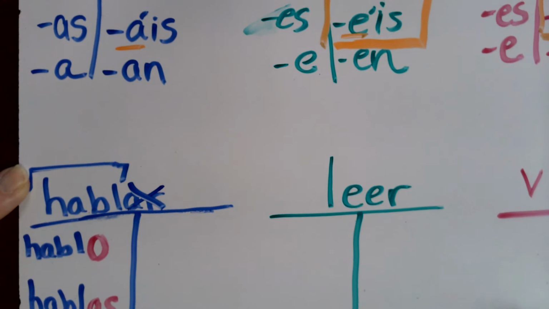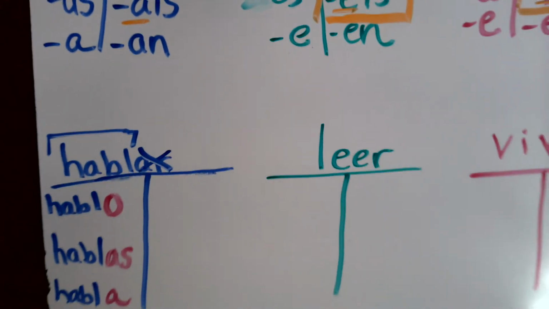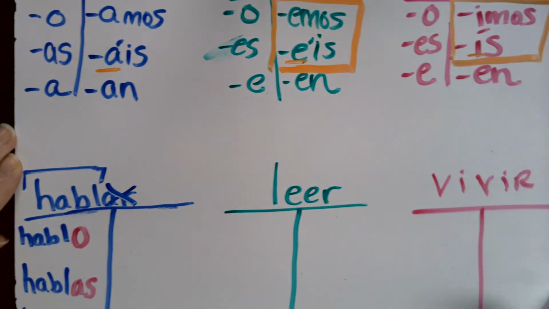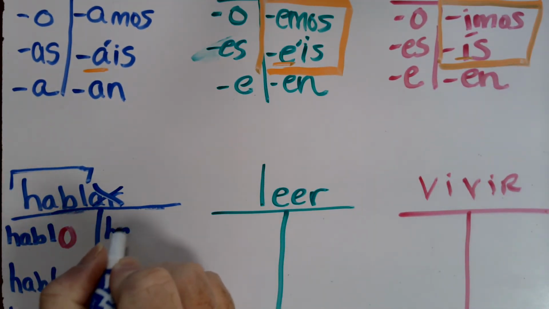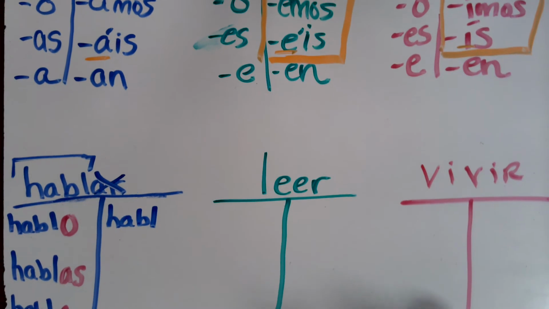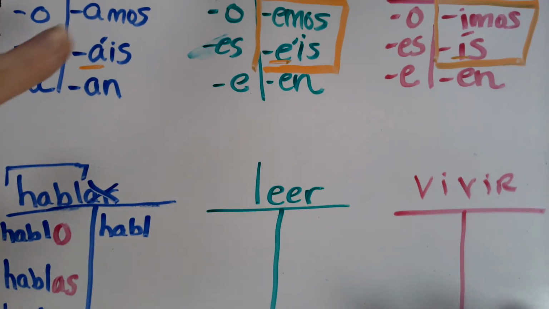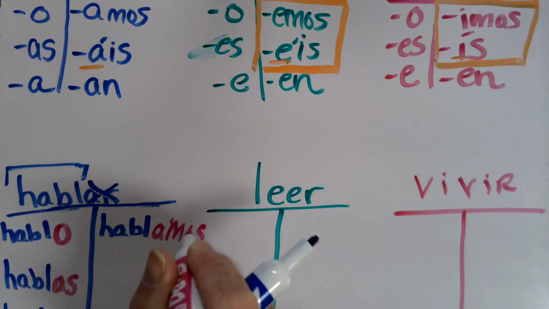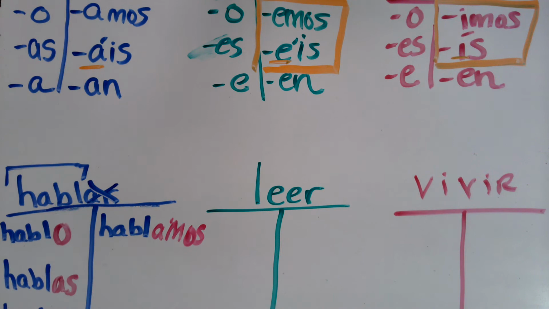Up on the next part of the chart, for nosotros, to say that we talk, I'm going to start with my stem or root. And I'm going to add my nosotros ending, which is amos. Nosotros hablamos. For vosotros, I go with my stem or my root again.